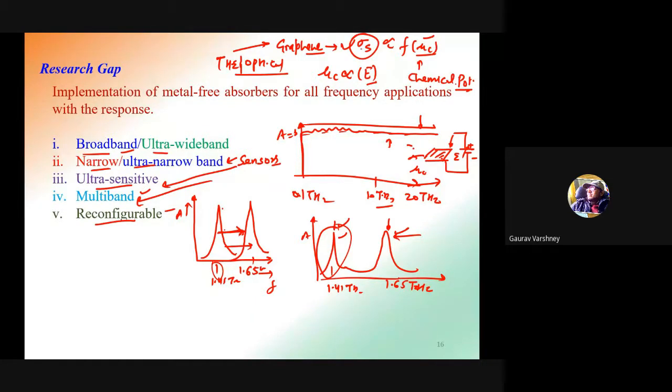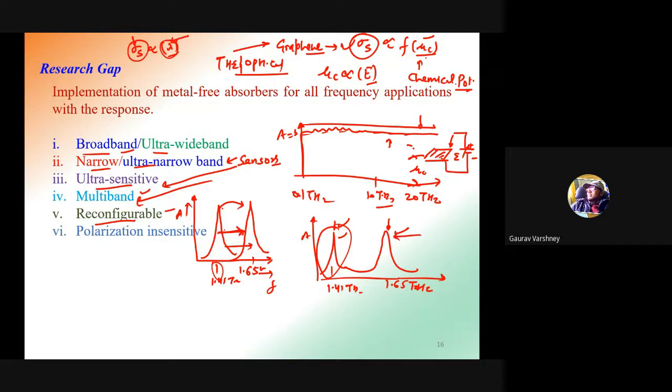I already discussed the surface conductivity using Drude's model at terahertz frequency, where the surface conductivity is a function of frequency. If we can vary the surface conductivity, we can vary the frequency of operation of this device, that is, we can change the frequency of operation of this spectrum.